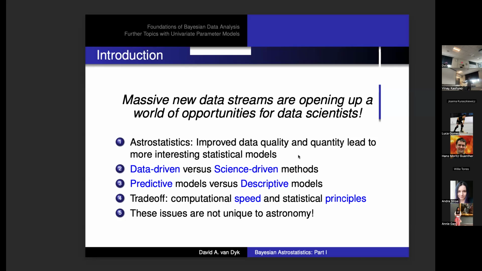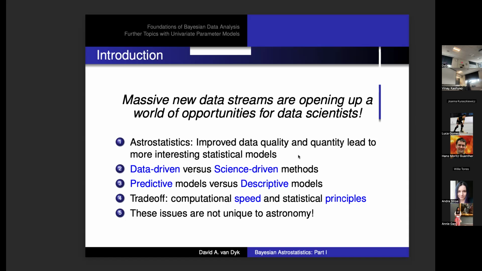And in that dimension, I write there data-driven versus science-driven models. On the extremes, and this is a caricature, these data-driven learning models are really meant to be completely ambivalent to the kind of data and the kind of statistical or scientific questions you're trying to answer.